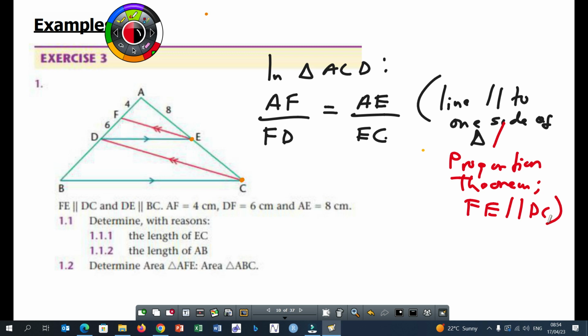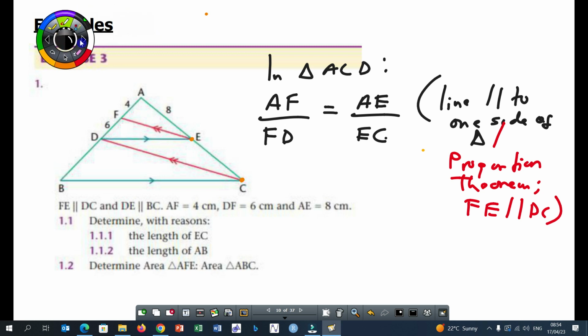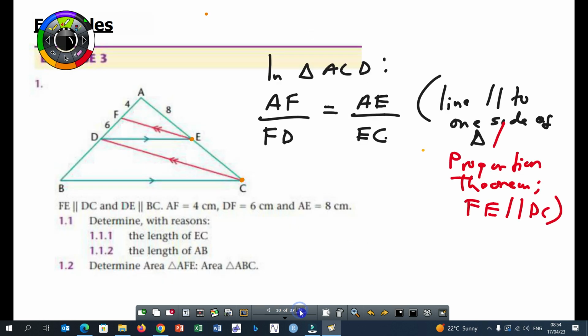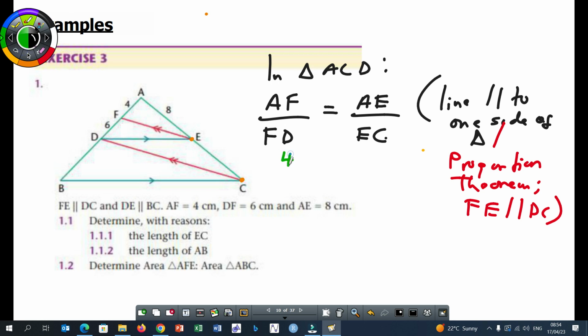After writing the ratio, the rest is very simple. AF is 4, so we're going to have 4 divided by FG, which is 6, equals AE, which is 8, over EC, the one we want to calculate.